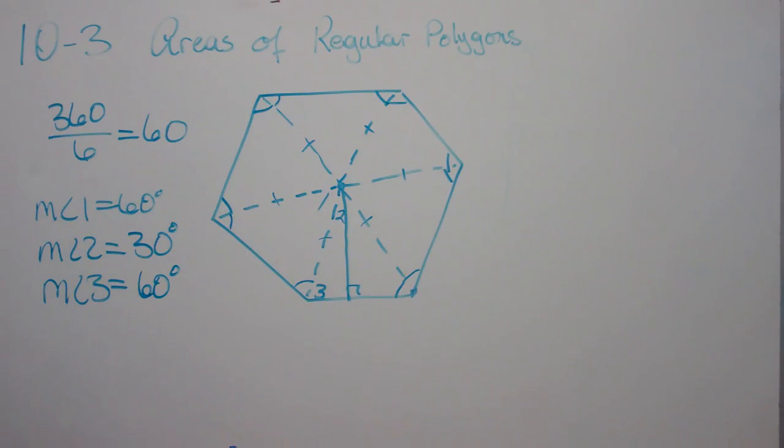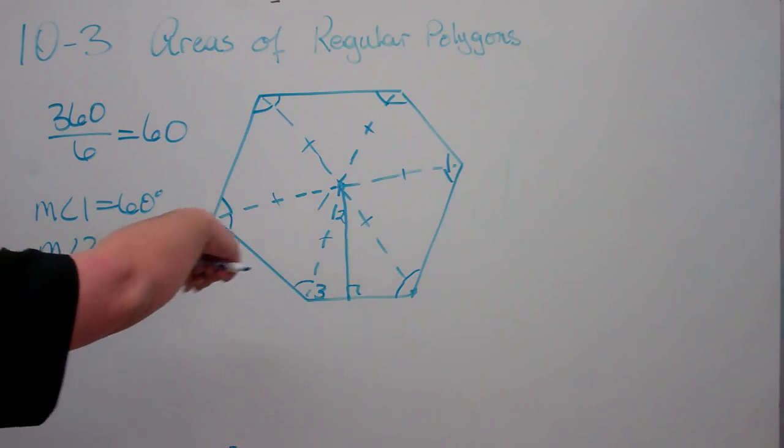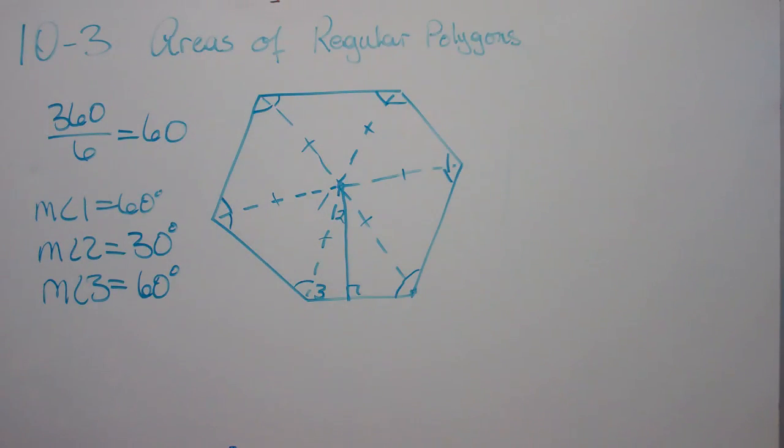So remember, to find angle 1, you simply take 360 divided by how many sides you have. The measure of angle 2 is half the measure of angle 1. Make sure you're writing all this down. Measure of angle 2 is half the measure of angle 1.